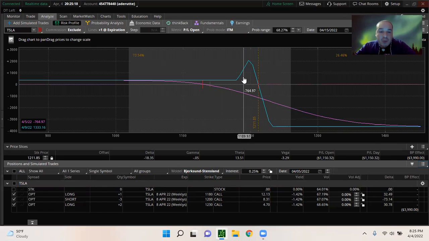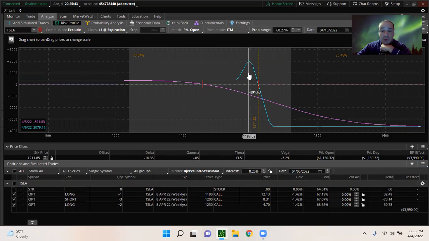The point of doing a three-part video, I want to show you how I manage the spread as the week progresses. I don't just want to put it on, tell you what I did, and then have you guess what you need to do as it goes through. How you manage it is a very personal decision, but I want to show you what I do as the week progresses, right? Am I going to cut my losses if it goes against me?